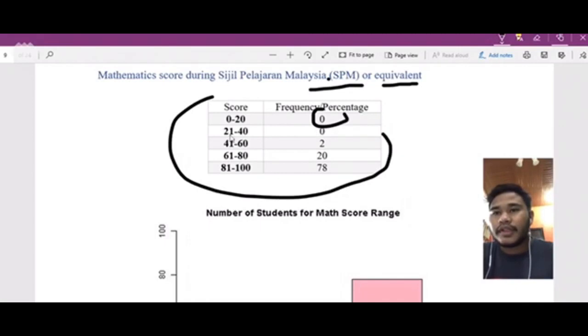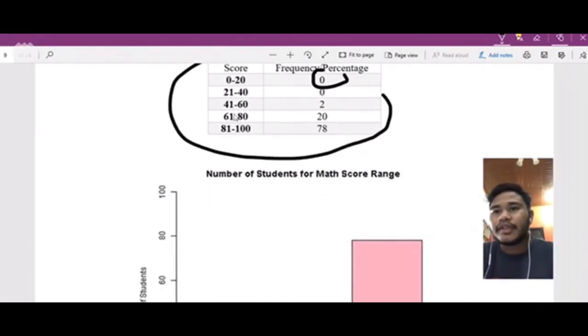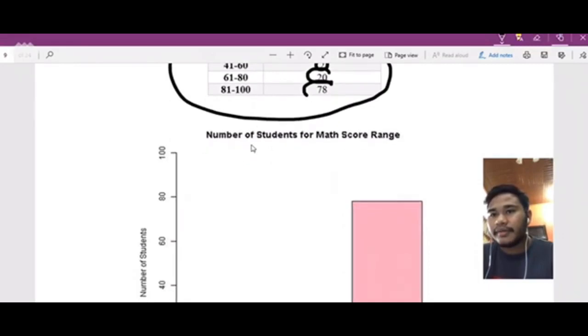For 21 to 40%, it is 0, and 41 to 60%, it is 2, and 61 to 80%, it is 20, and 81% to 100%, it is 78. This is the diagram of the number of students for each math score range.